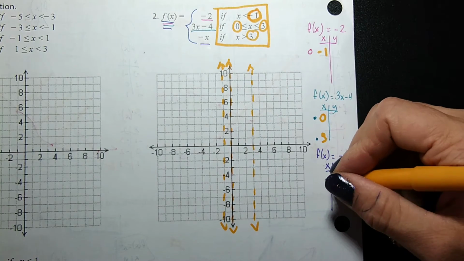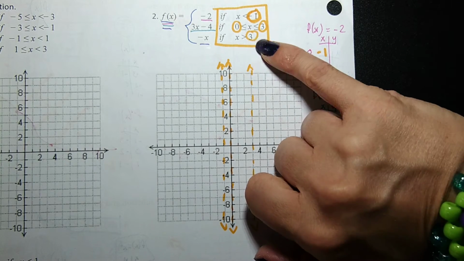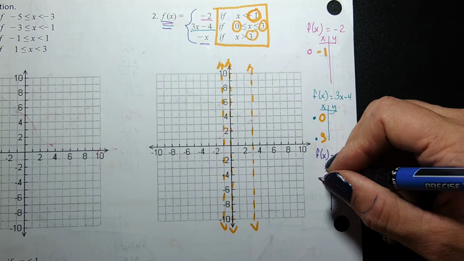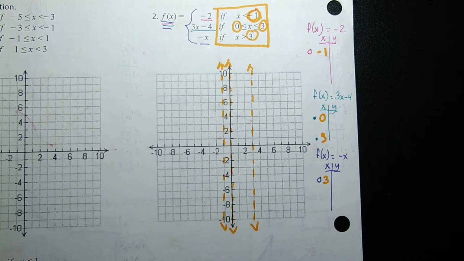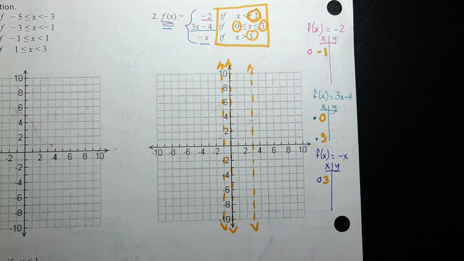X is greater than 3, so we have to use 3, but since 3 is not an included value, since it's greater than 3, we use an open dot. So you always start the table with the bound values, but it's open or closed depending on the inequality sign. Any questions on that? Do we remember that from Friday?